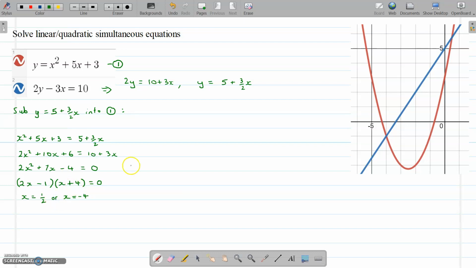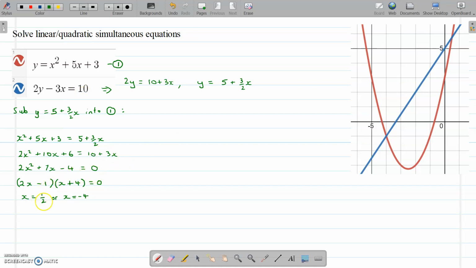Now, of course, we're cheating slightly here because we can see on the graph that I've already drawn that the x values are -4 there, and that does look like it's a half for the x value. But you would solve these algebraically without the graphs. The graph is just confirming what we're doing, so you can compare and see.